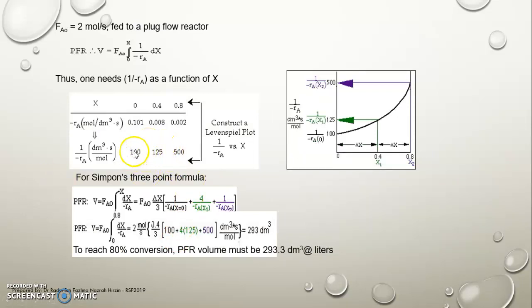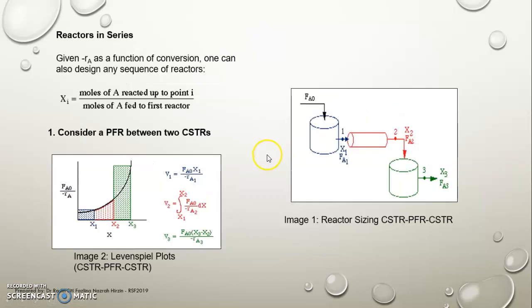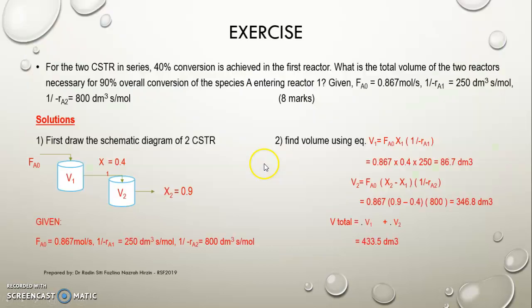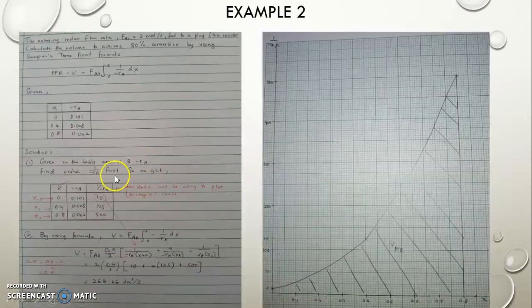Tapi yang kat sini dia silap kira, kat sini contohnya 10. So abaikan yang ni, saya akan tunjukkan calculation dekat sini. For that question in PFR, ni question dia, saya salin balik. Ayat dia lain sikit. So the given data is X and negative RA.